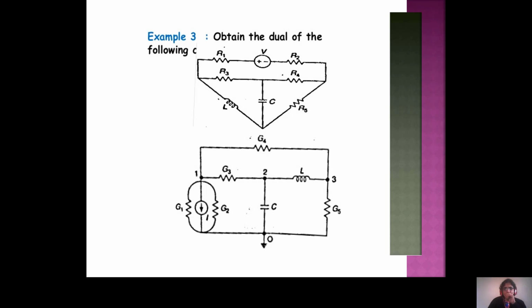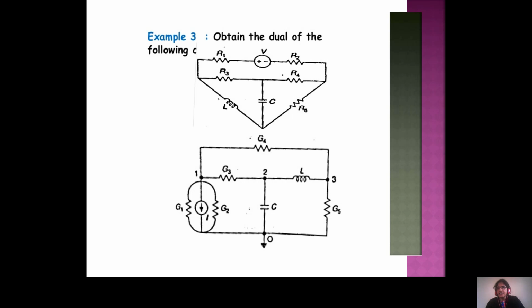From 1 to 2 there is R3, so we get the conductance G3. And from 2 to 3 there is a capacitance, which you have to convert into inductance.